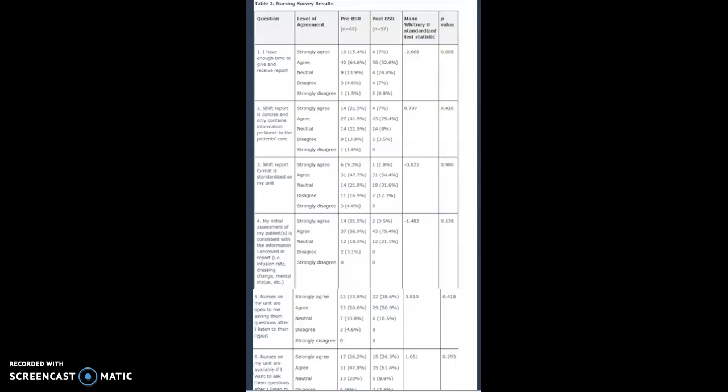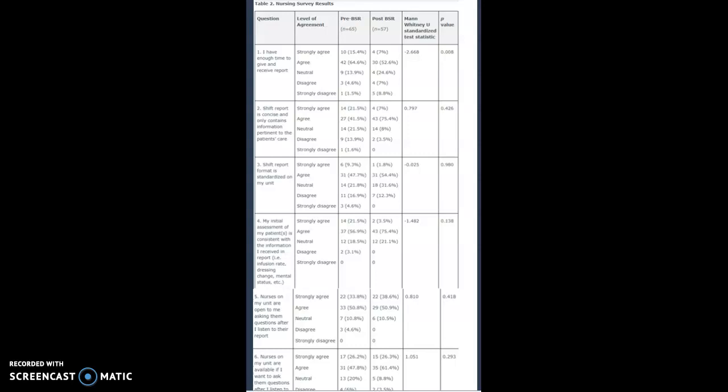The use of a bedside shift report checklist would really help to get only that pertinent information to the patient's care and not telling me like the last time they got their hair cut. That's not really relevant information that you need during bedside shift report, and it wouldn't affect the care that the patient would be receiving.